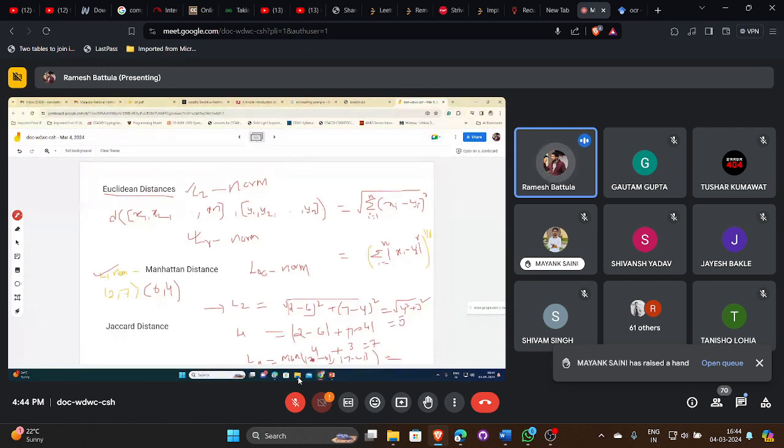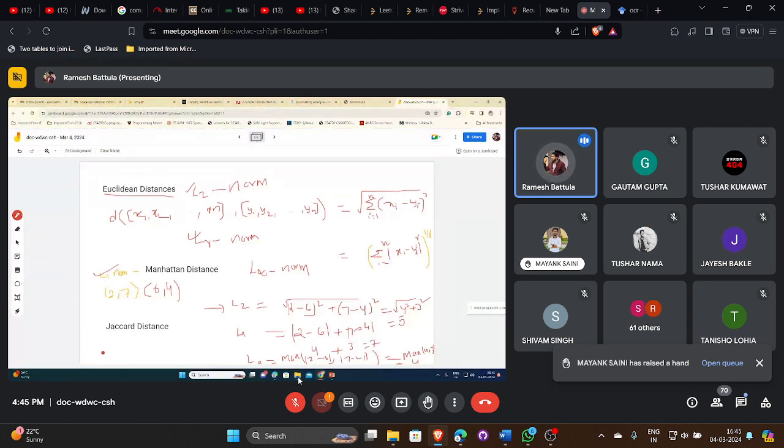So this is going to be 4 comma 3, so the max is 4. So the value is going to be equal to 4. Fine. So this is about the Euclidean distance L2, L1 and L infinity norm discussions.